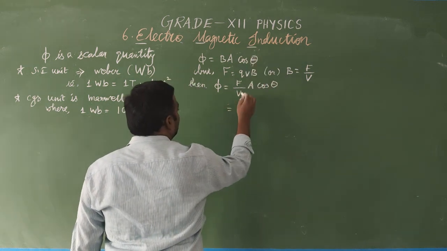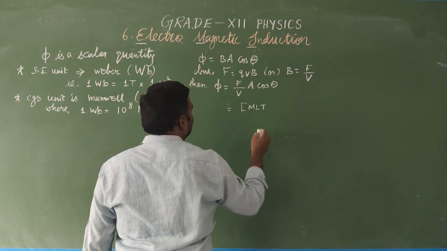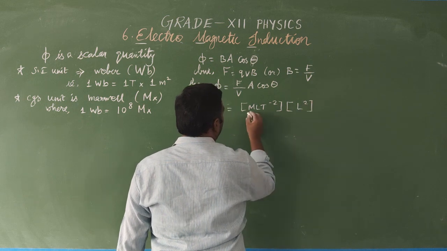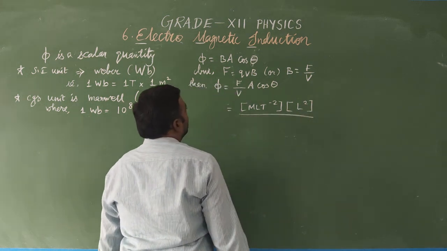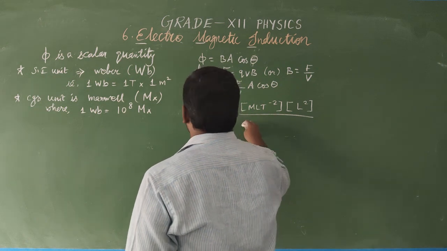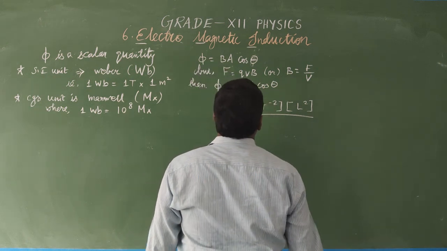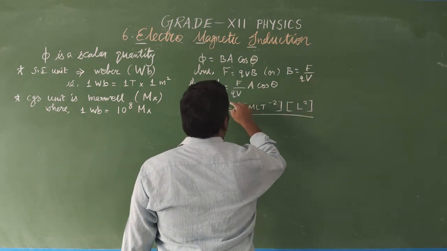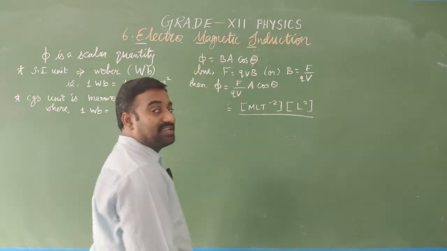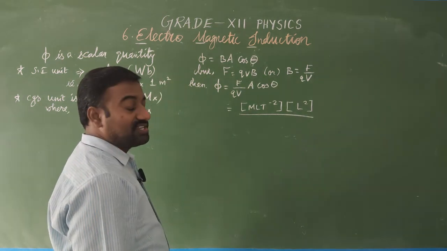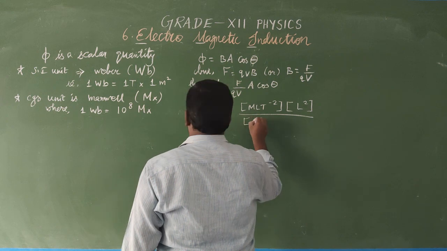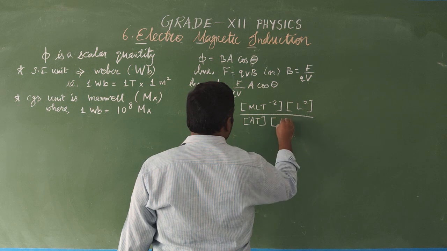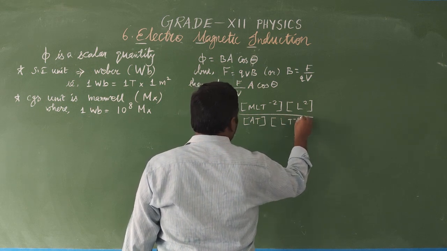Now set the dimensional formula. For force, already we know, mass into acceleration, that is MLT power minus 2. For area, meter square, so L square, divided by QV. Yes, we forgot the QV. Q is a charge, and charge is nothing but current into time, that is ampere into second, and velocity is meter per second, so LT power minus 1.